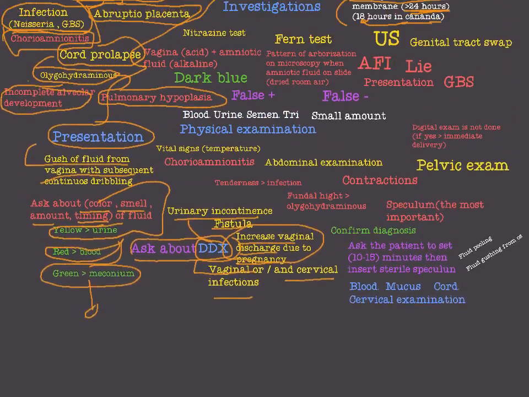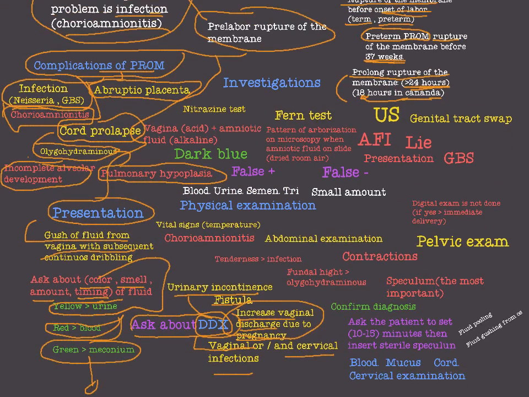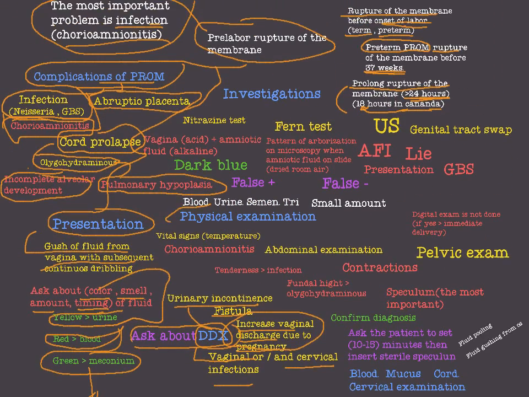Now let's move to the physical examination of a patient that comes to you with rupture of membrane or with fluid leaking. We will start, of course, with vital signs, because the most important underlying cause or risk factor for premature rupture of membrane is infection, chorioamnionitis.